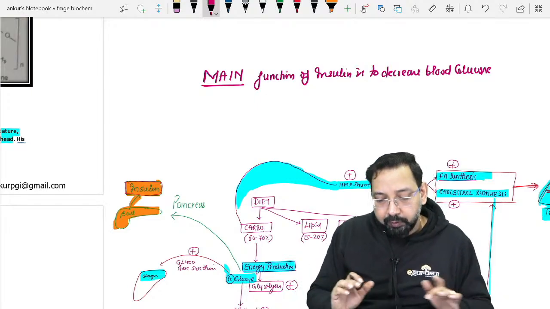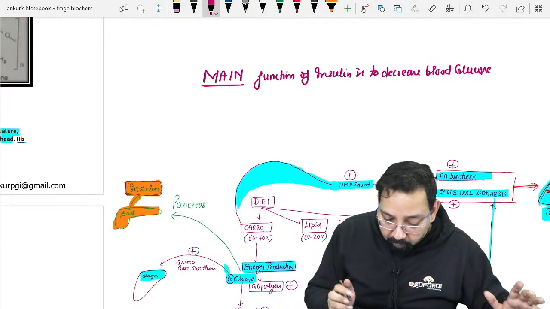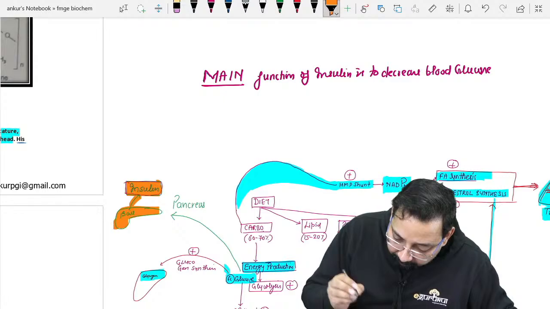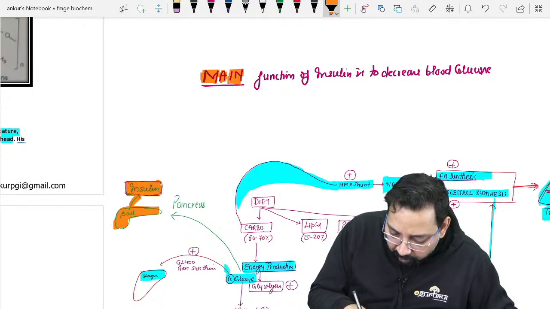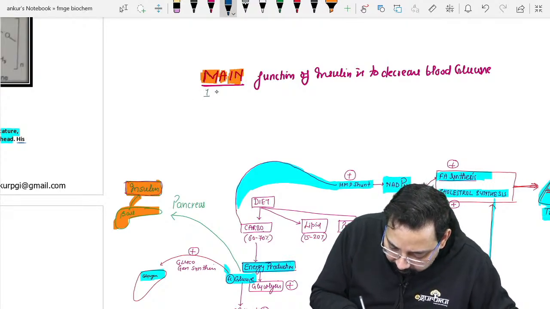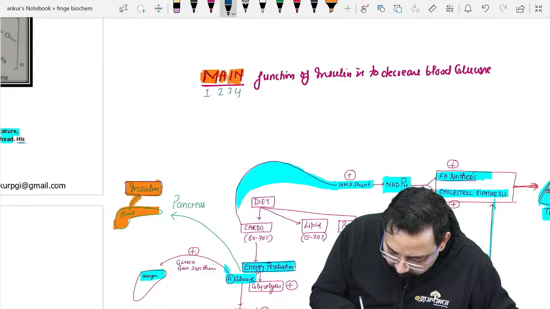Main function of insulin is to decrease blood glucose. What is MAIN, M A I N? How many letters? 4. 1, 2, 3, 4.